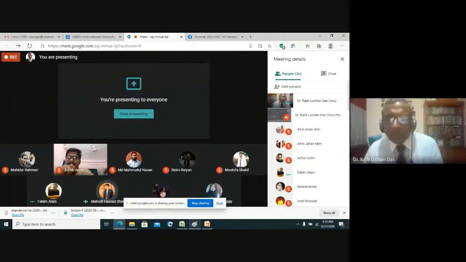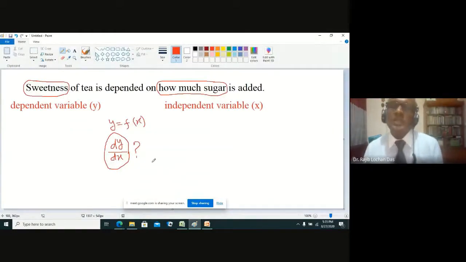Yes, correct. So there is a condition also there. It is the rate of change in sweetness with respect to change of amount of sugar. The condition is that the change of amount of sugar should be very, very small, however small.